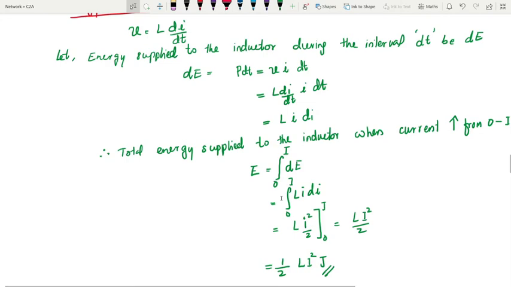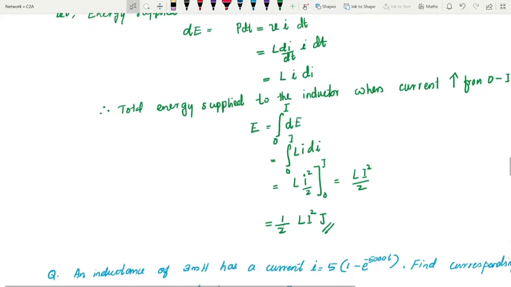L is constant. Integration of i is i square by 2 within the limit 0 to I, so the total energy supplied to the inductor when current is increasing from 0 to I ampere is half L I square joule. So this is very important. Energy stored in an inductor is half L I square.